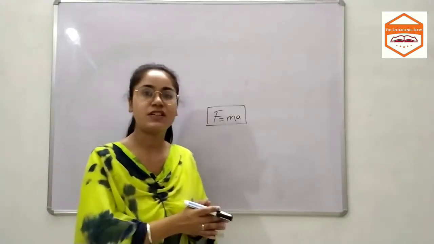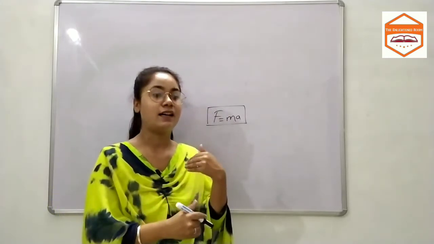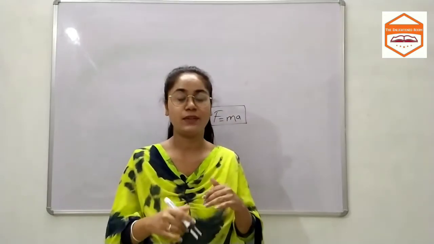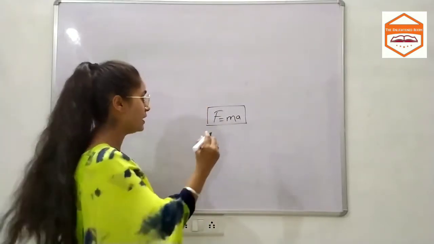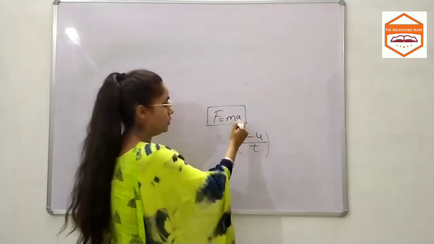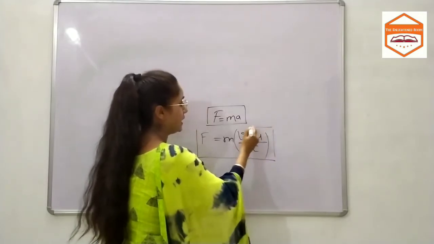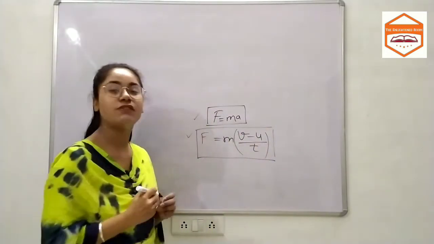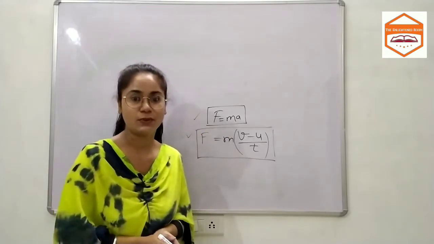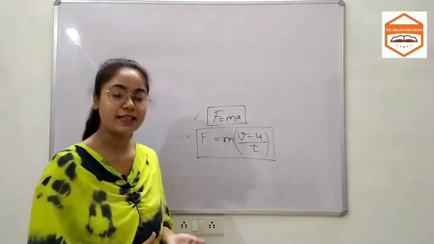Well, acceleration is the rate of change of velocity, or the change in velocity with respect to time, and that is v minus u upon t. So we put this value here, and we came up with one more result of Newton's second law of motion. These two results are very important for numerical questions, okay? So we came up with these two results from Newton's second law of motion.